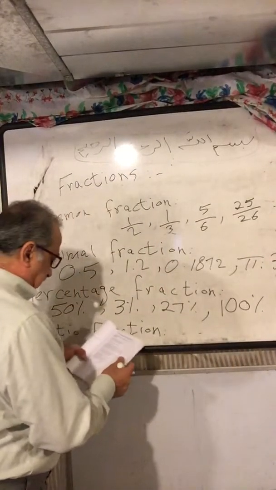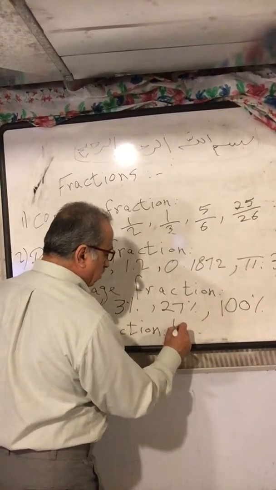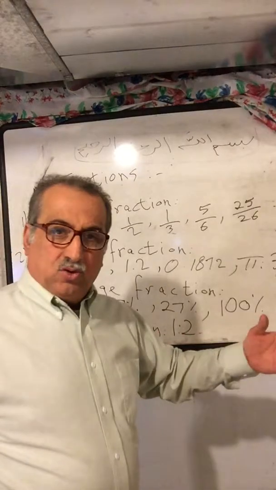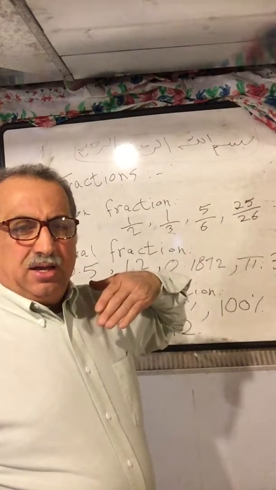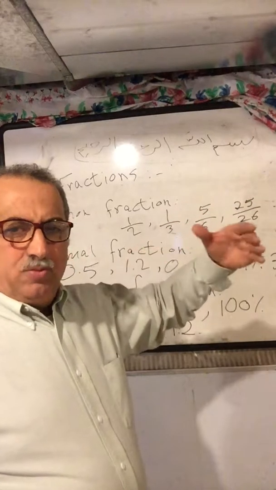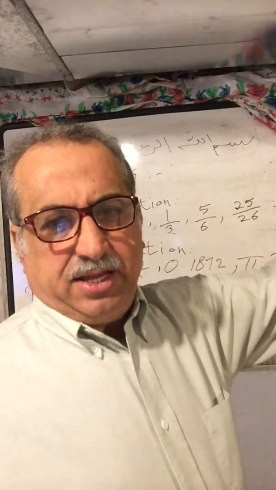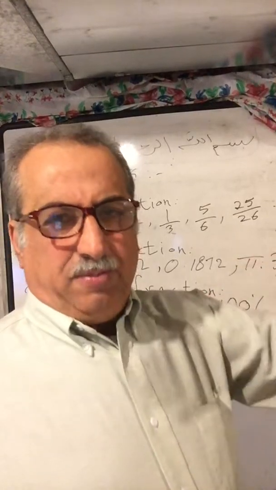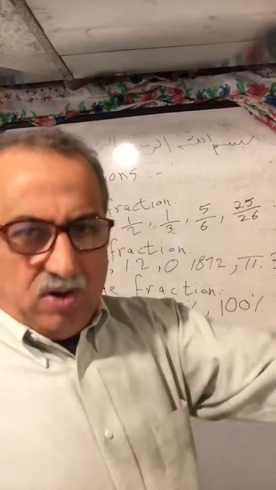Now, ratio fraction. Example, 1:2. That's a ratio. If you say I have a ratio of 1:2, it means, if somebody is 90 years old and I'm 56, I'm kind of 1 to him, he's 2, double my age.